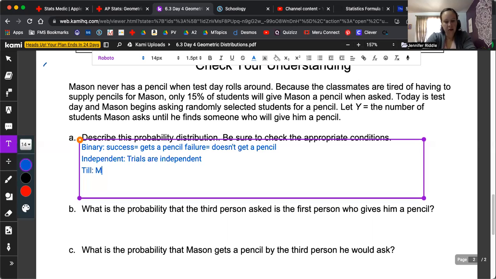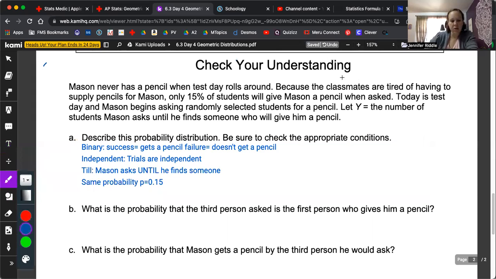We are looking at the fact that Mason asks until he finds someone to give him a pencil. And then S is still the same probability of a success. We know that P is equal to that 15%, 0.15. So ultimately, to describe this distribution, we can say that this is a geometric distribution.